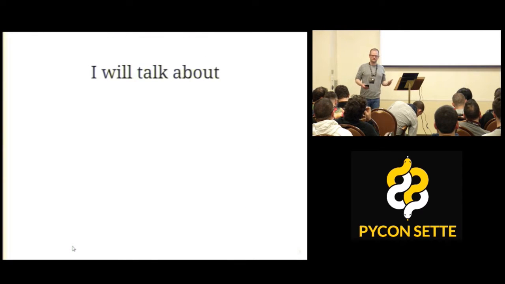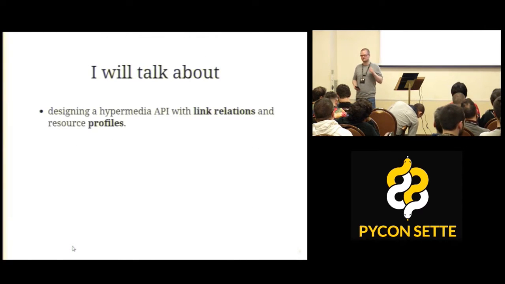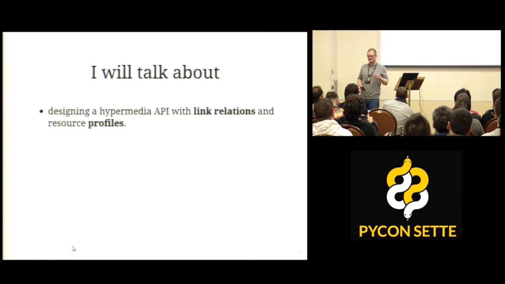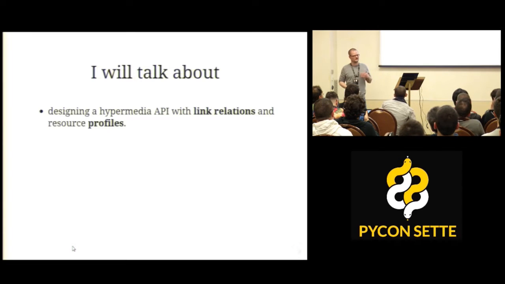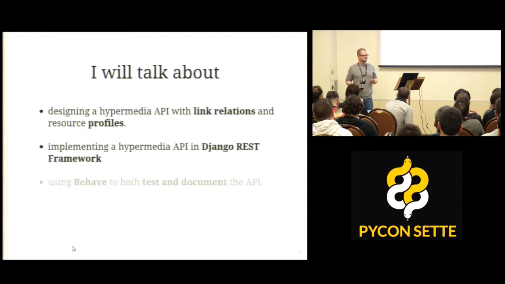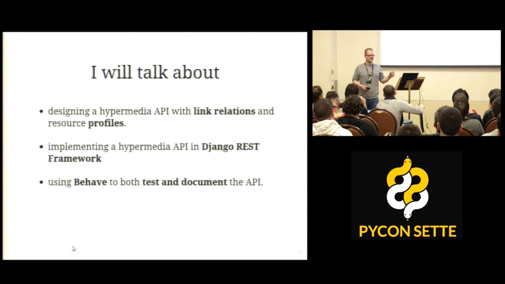What I'm going to talk to you about today is how to design a Hypermedia API. I will talk a bit about what I think are the most important elements of a Hypermedia API. I will tell you how I've implemented such an API in django-rest-framework, and how to use Behave to both document and test the API.